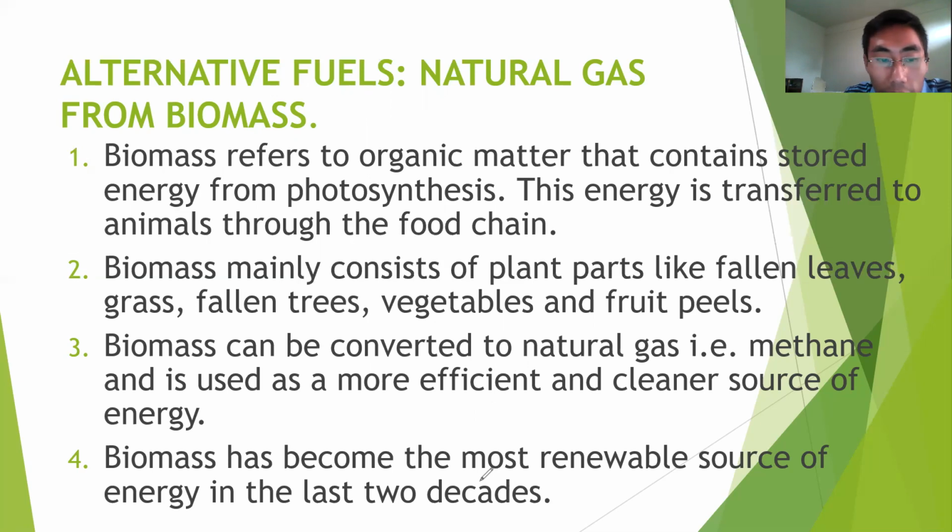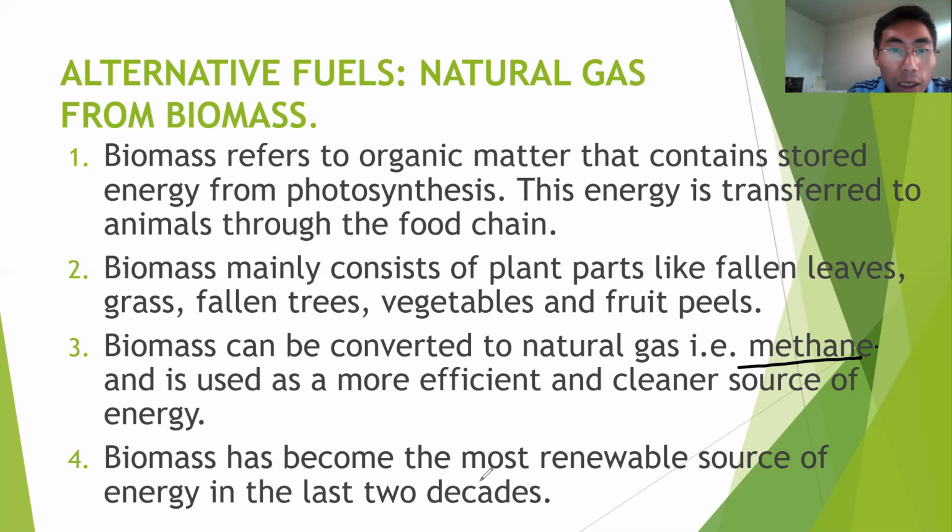the main component of natural gas is methane, right? Now, when this organic matter, that is fallen leaves, grass, vegetables, and all these fruit peels, is made to decompose in the absence of air, right? Methane gas is produced.